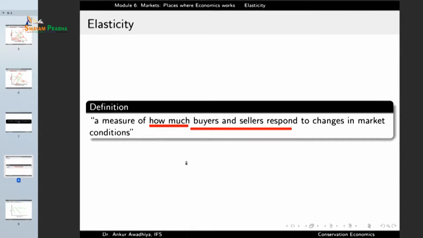That is the extent of this change. So we are trying to measure the direction of change, and we are trying to measure the magnitude of the change. And this changes in response to changes in the market conditions. So whenever there is a change in the market conditions, does this demand and supply increase or decrease, and in which direction and by how much is the question.